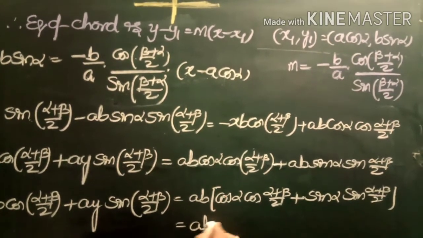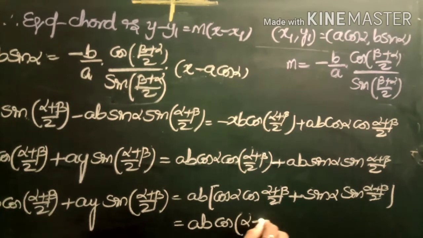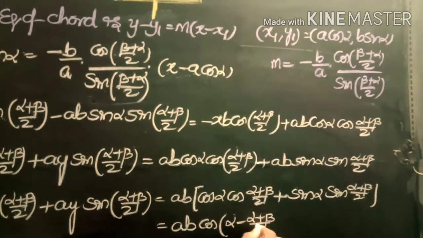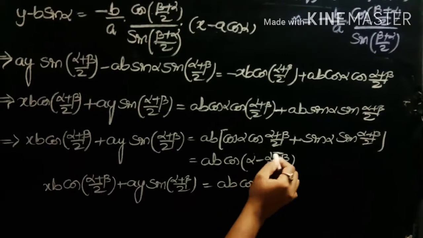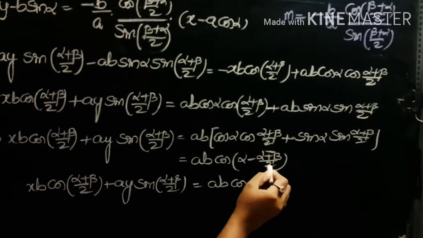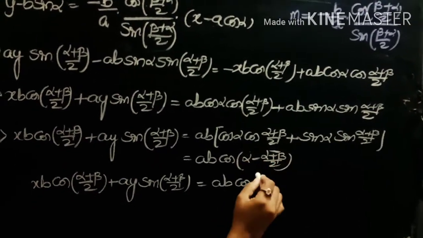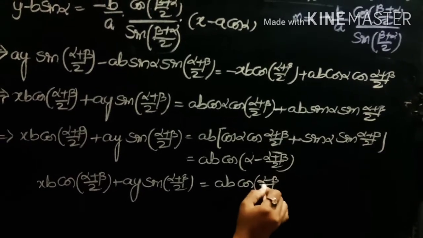So this is equal to ab cos of alpha minus (alpha plus beta)/2, taking LCM, 2 alpha minus alpha minus beta, that is (alpha minus beta)/2.